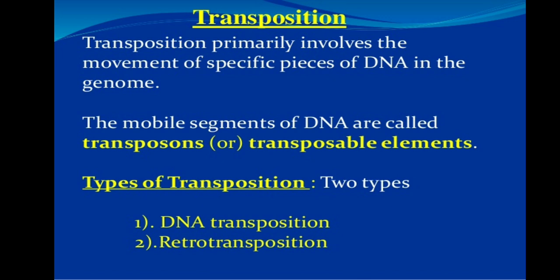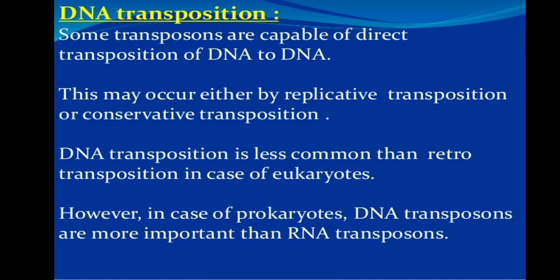Then we'll see transposition. Transposition primarily involves the movement of some specific piece of DNA in the genome, meaning a specific segment can be moved from one region to another region. The mobile segments of DNA are called transposons or transposable elements. There are two types of transposition, DNA transposition and retrotransposition. In DNA transposition, some transposons are capable of direct transposition of DNA to DNA.